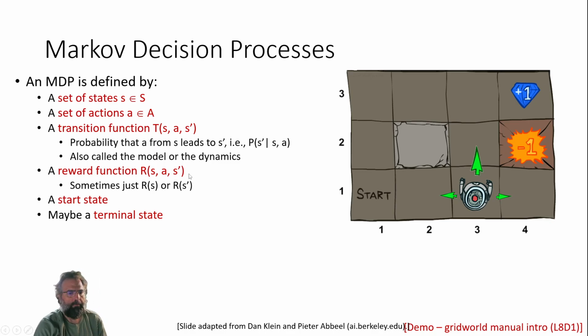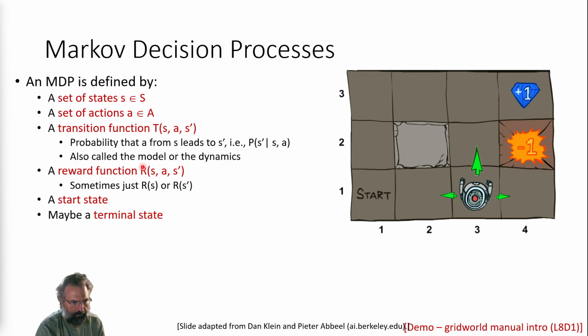These are also called model or dynamics. So when we talk about how you move from one state to another, that's being done here through action. Essentially, you're taking a state, applying an action to it, and resulting in an output.